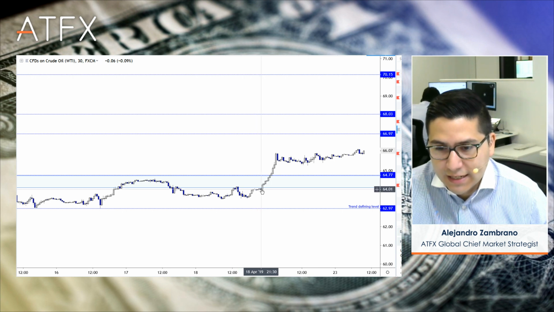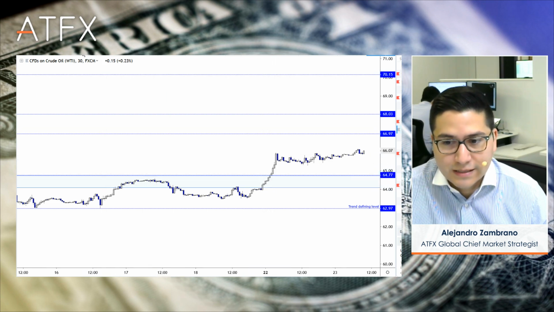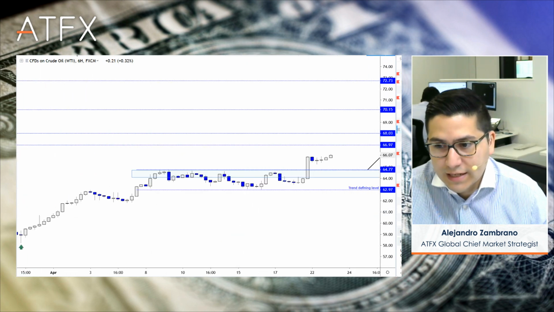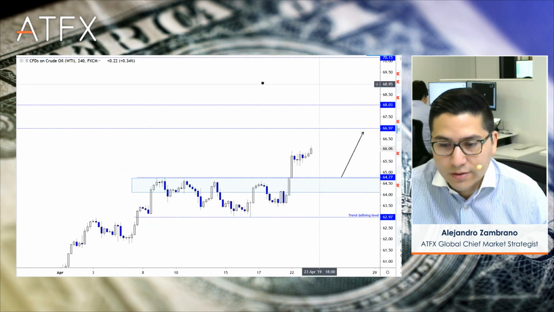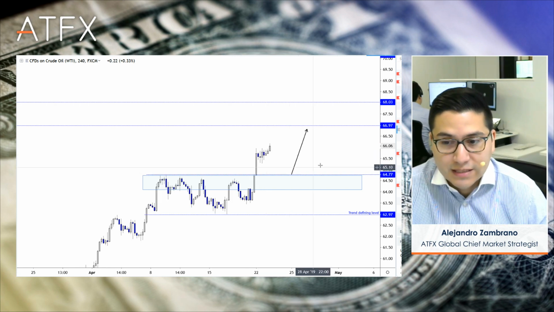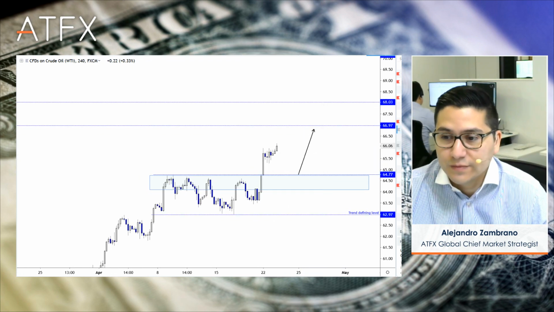I guess this one did not gap as much, but the key point is this. I think we are going to test this breakup point and probably go down maybe to something like 64.77 at one point. So I do think we can go down and then probably upwards, and it's from these levels down here that I would like to buy if possible.